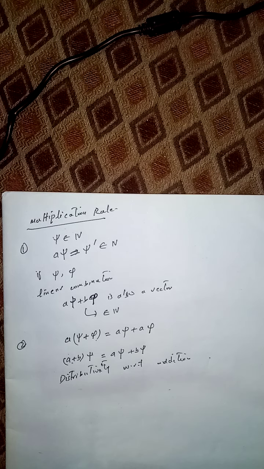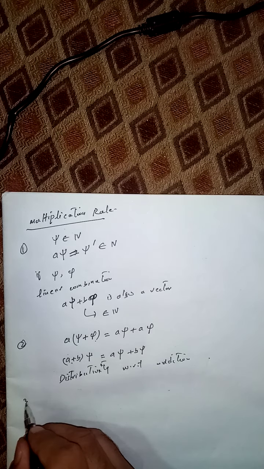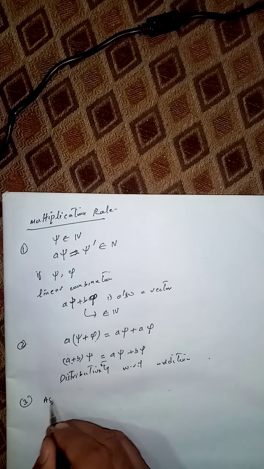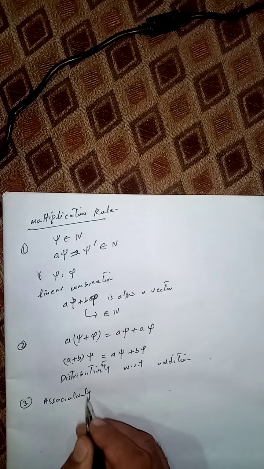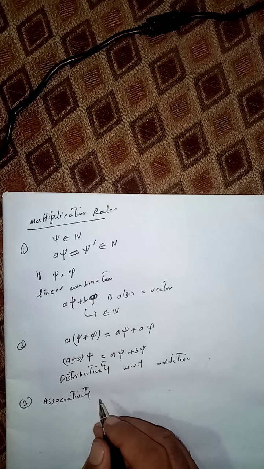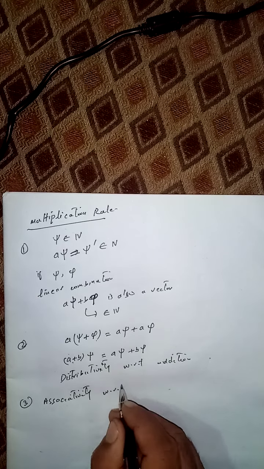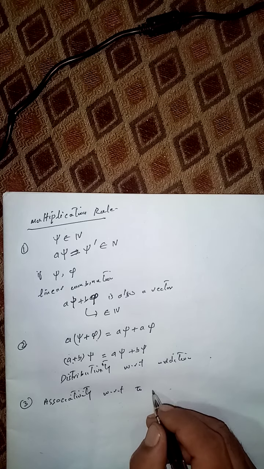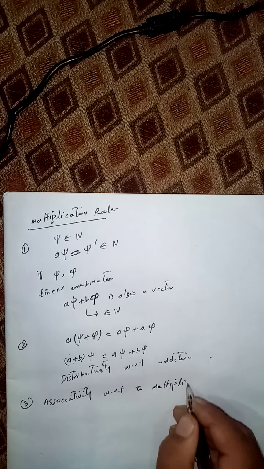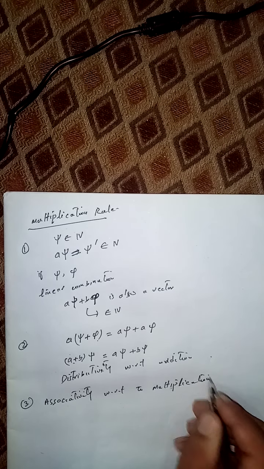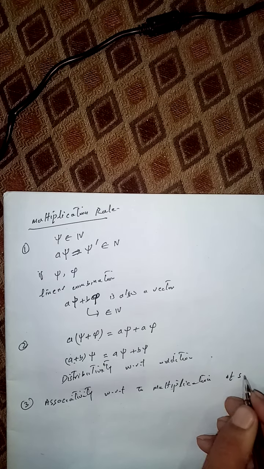Now there is a third property which is called associativity with respect to multiplication of scalars.